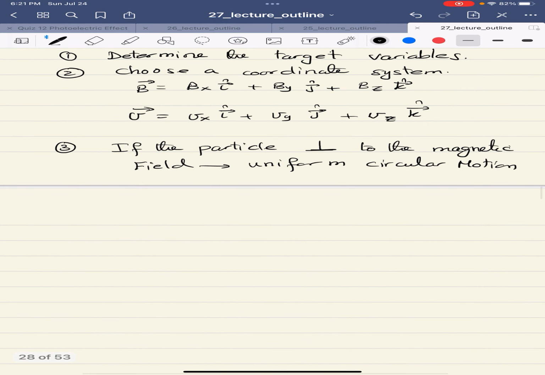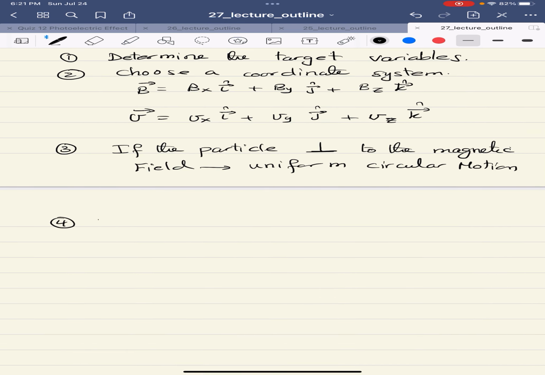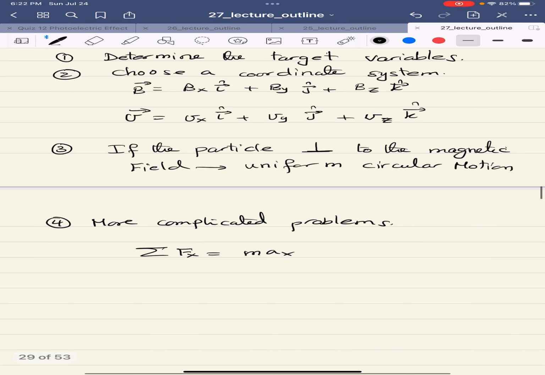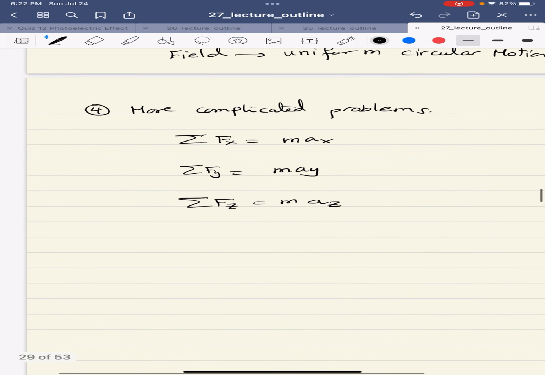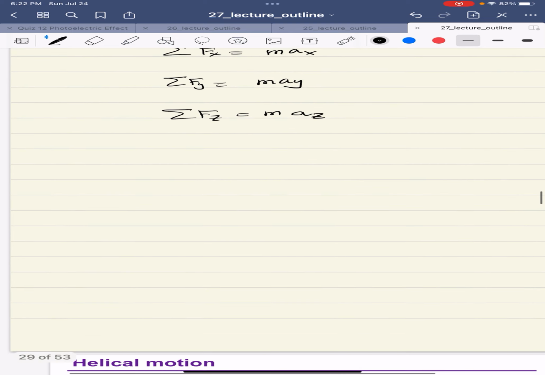And if it includes more complicated trajectories or more complicated problems, we might do sigma Fx equals max, sigma Fy equals may, and sigma Fz equals maz, which is applicable. But this is really the approach that we are going to use.